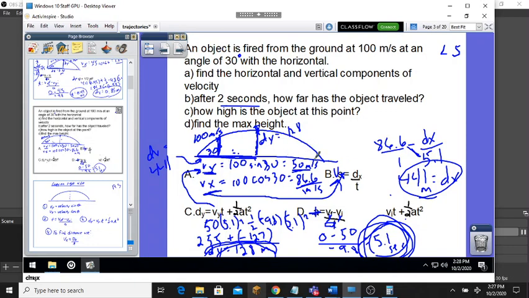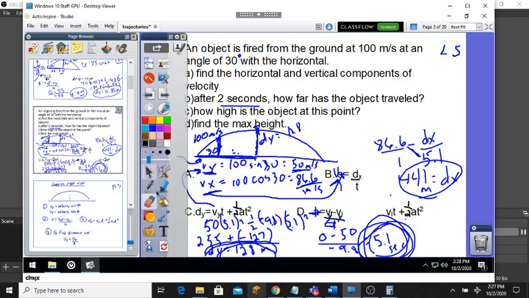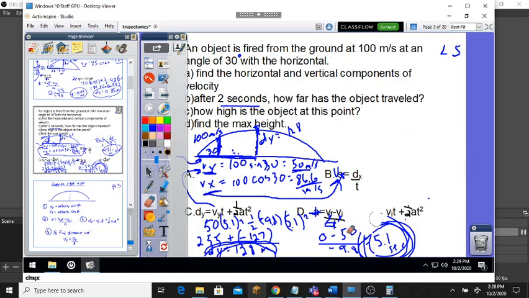So at 2 seconds, I'm going to erase this stuff so that I can make some room. Let me erase this part right here. I should have erased the half part, but that's okay. That should say 1/2.